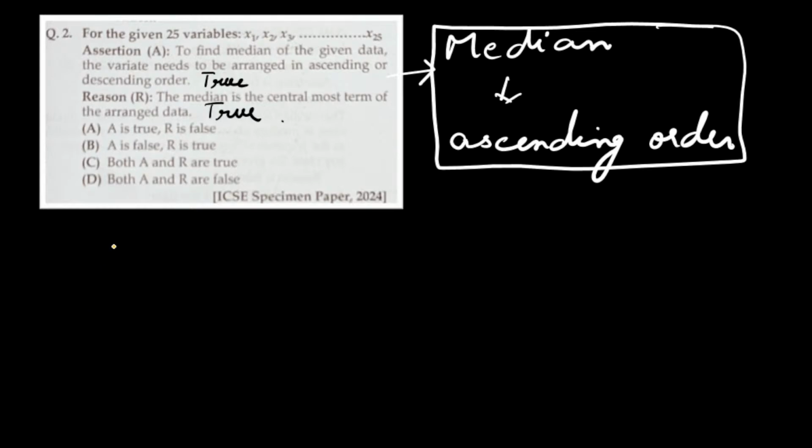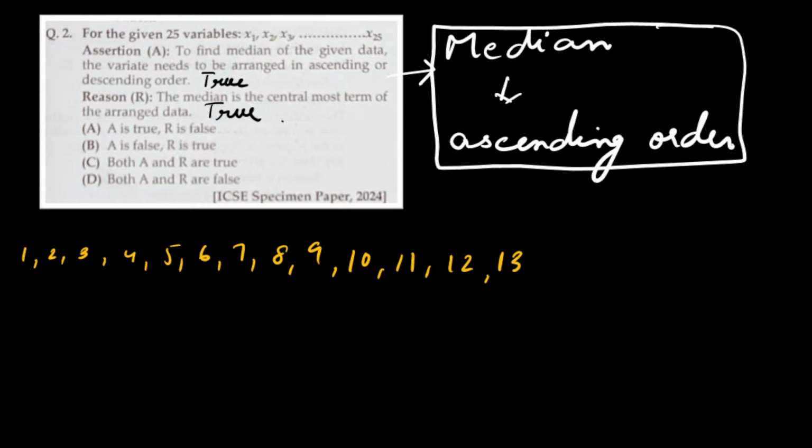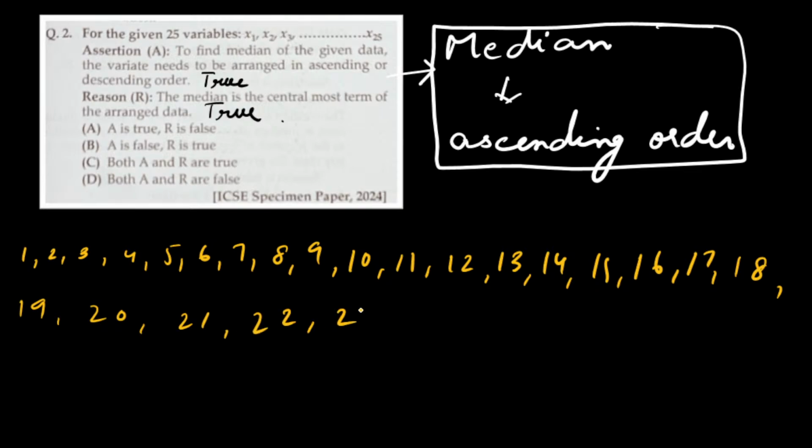For example, I'm just giving the example which they have given. If 25 numbers are there, like 1, 2, 3, 4, 5, 6, 7, 8, 9, 10, 11, 12, 13, 14, 15, 16, 17, 18, 19, 20, so 25 numbers I'm writing in ascending order.